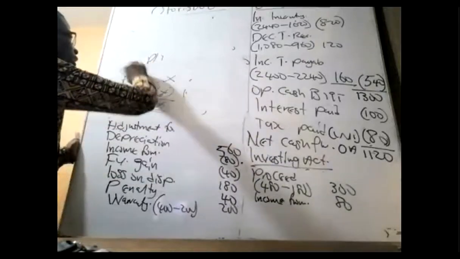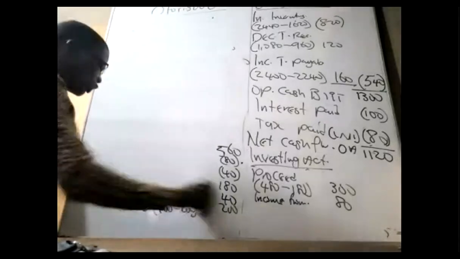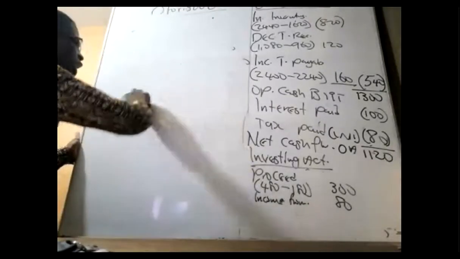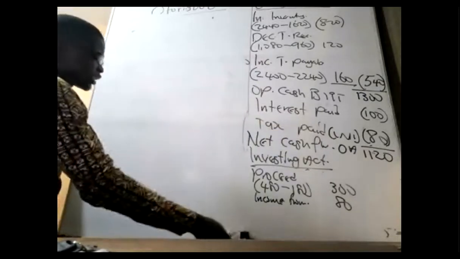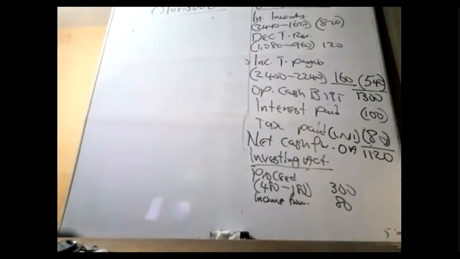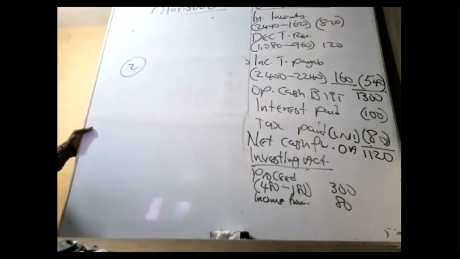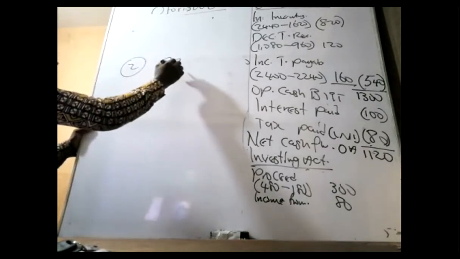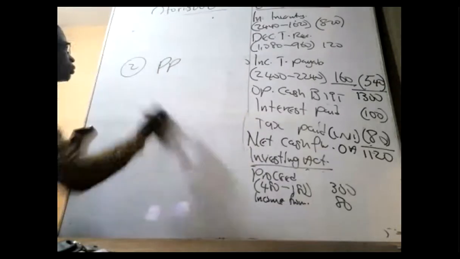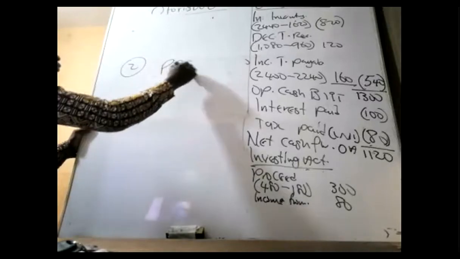Now the working is number 2. This working must be part and parcel of you. I'll write all the items that you need. And don't forget that one question should not bring all these items out. So first, working is number 2. You can get acquisition of PPE from the PPE schedule.